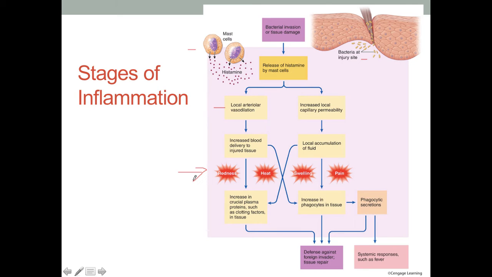Swelling is from the widening of the capillary gap that allows bigger cells to travel across, also allowing more fluid traveling outside of the capillary as well. And pain, which is part of the effect of inflammation mediators that cause this.